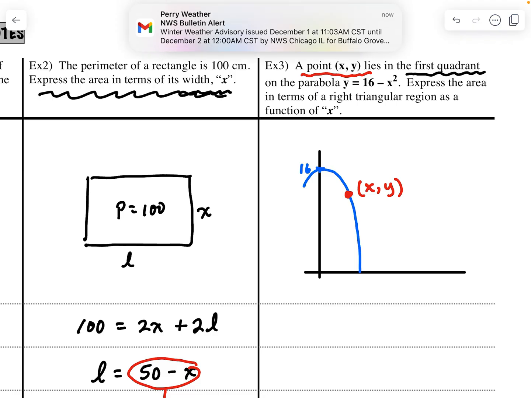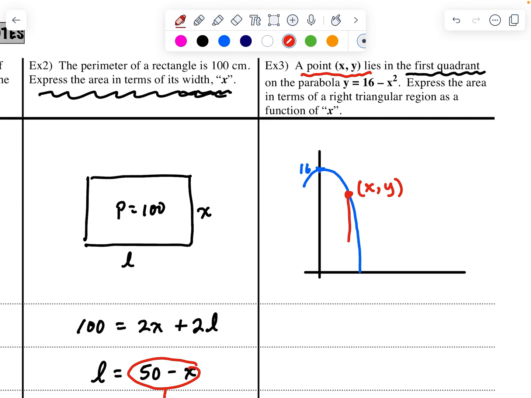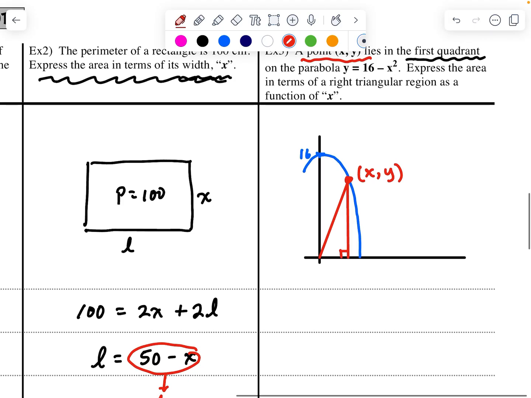All right, so I have to make a right triangle. I'm going to do that by drawing straight down to form a right angle. And then I'm going to draw the hypotenuse from the origin. All right. We have to label our triangle. Well, if you think about the idea that you have to go across x and up y to get to xy, this is x and this is y.